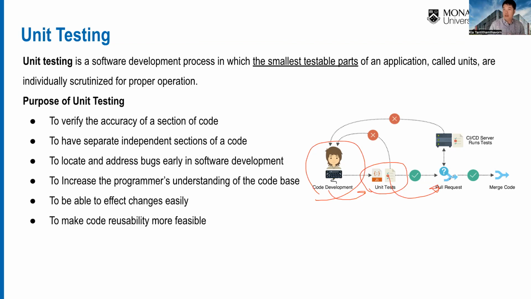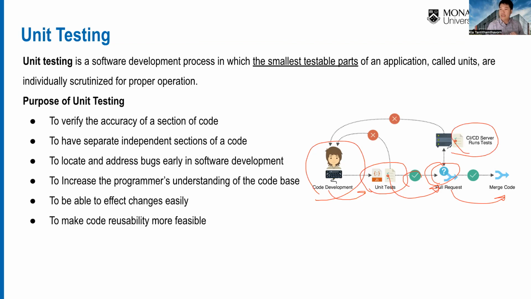Then we ask someone else to review the code, which is part of the code review process. If they approve it, that piece of code will be integrated or merged into the main repository. Before that, during the pull request, we need to run the CI/CD pipeline as well.